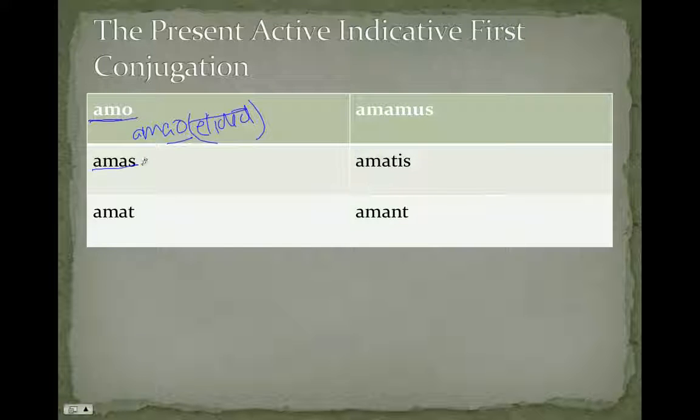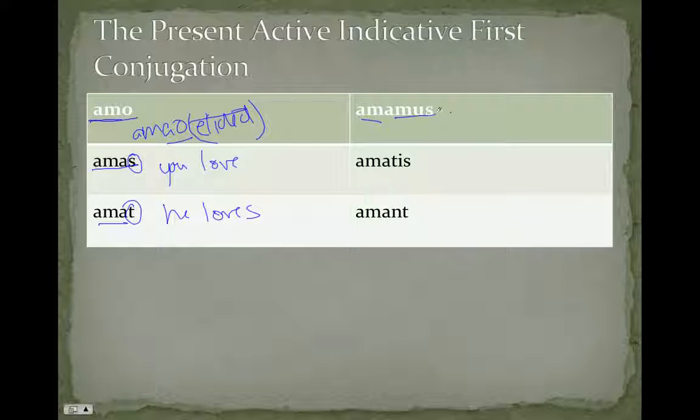But then we're going to take our stem and add our ending, amas. Amo, amas, amat, right? Stem plus T. So, amo, I love. Amas, you love. Amat, he, she, or it loves.